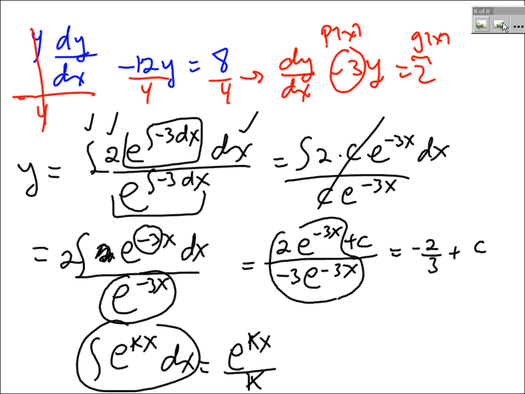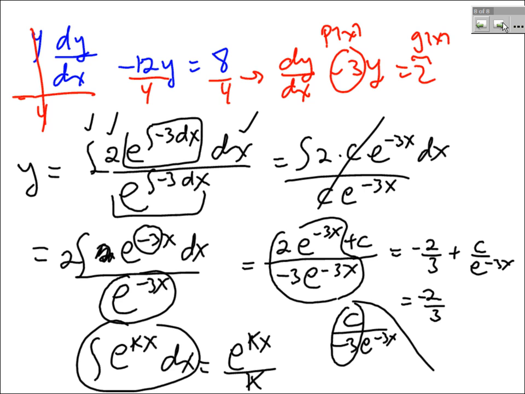Plus c, and we have c over negative 3 e to the negative 3x. That's some constant over e to the negative 3x. You can rewrite this as negative 2/3 plus c e to the 3x. I brought e to the negative 3x to the numerator, and I changed the sign of the power. And that is what y equals.